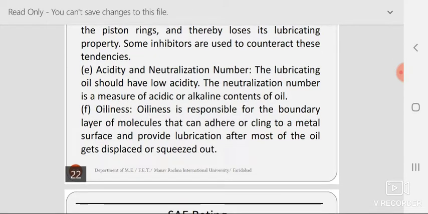Then comes oiliness. Oiliness is responsible for the boundary layer of molecules that can adhere or cling to a metal surface and provide lubrication after most of the oil gets displaced or squeezed out. Oiliness is an important character. Oiliness means fluidity. The more the fluidity of the oil, the better is the performance of the piston within the cylinder.